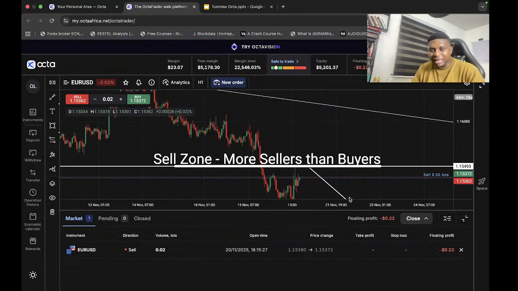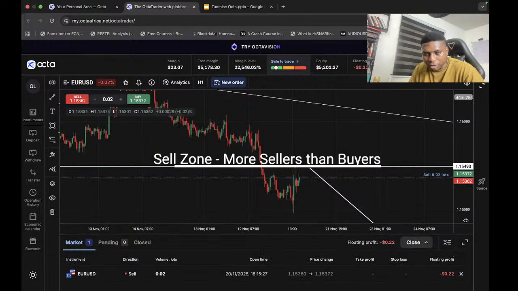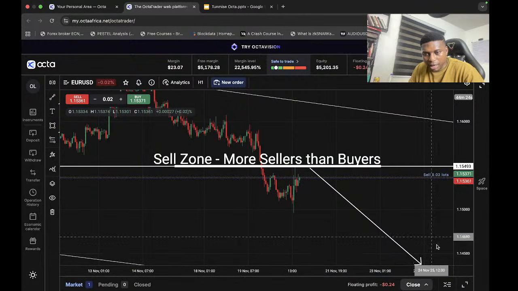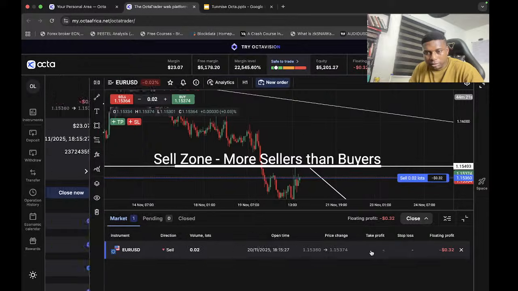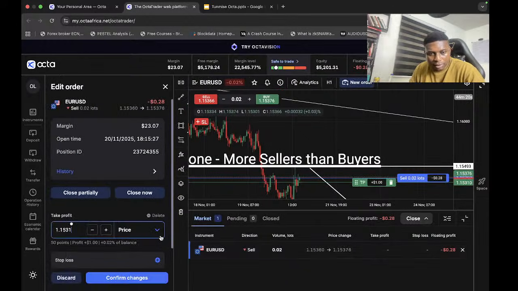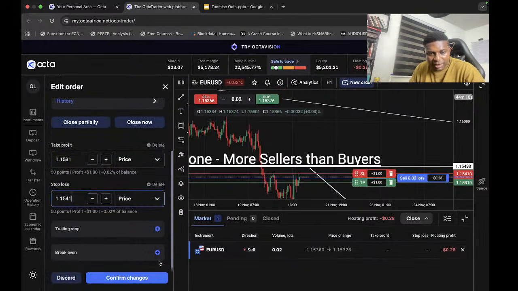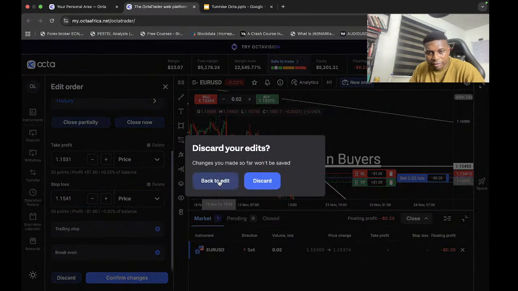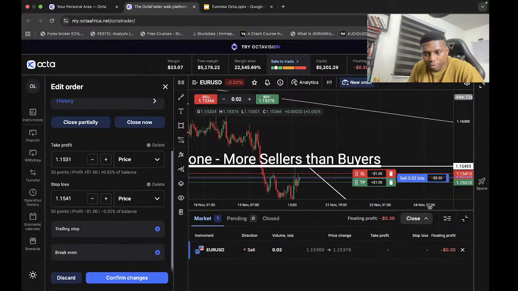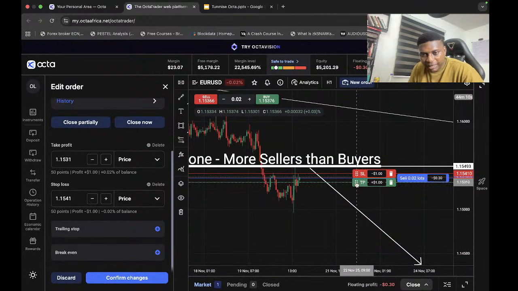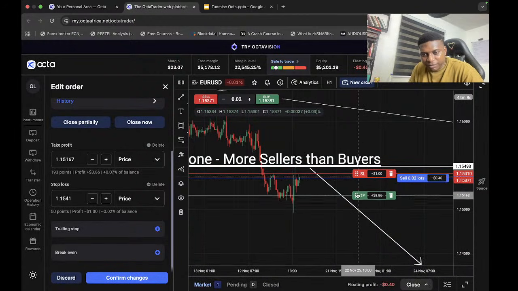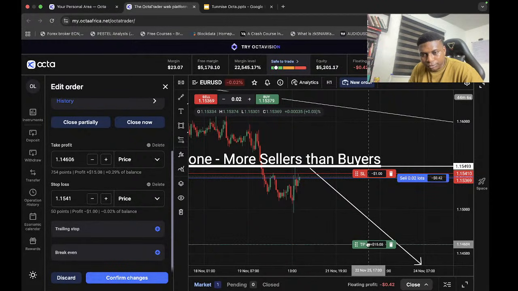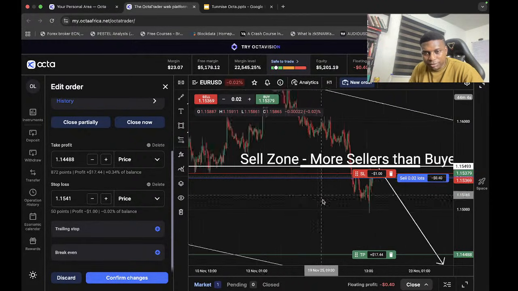Let's go to set our take profit and our stop loss. Now what I want to do here is simple. My stop loss, my take profit being that it's a sell, would be farther down.